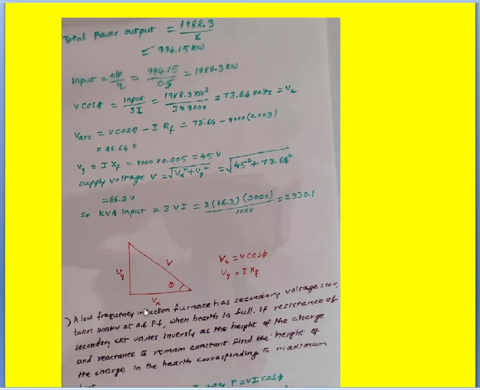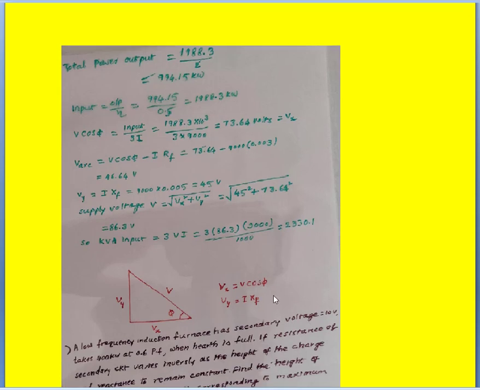The supply voltage and the relation between Vx and Vy can be shown in a diagram like this, and this is the power factor angle. Vx is nothing but V cos phi and Vy is nothing but I into Rf or V sin phi.